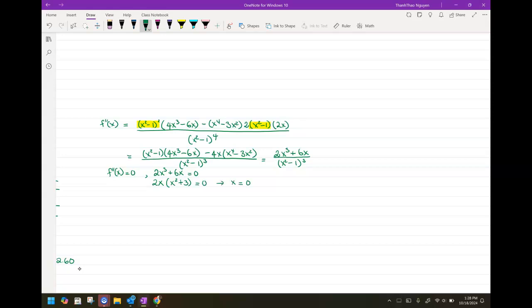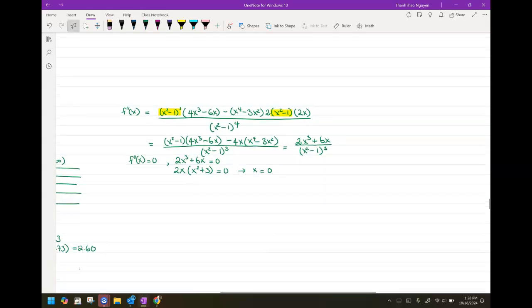So x equal to 0. Now let's take a look at the table. We'll make this second derivative test for concavity. We divide this into the intervals from negative infinity to negative 1, negative 1 to 0, 0 to 1, from 1 to positive infinity.